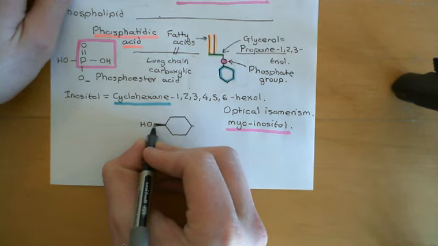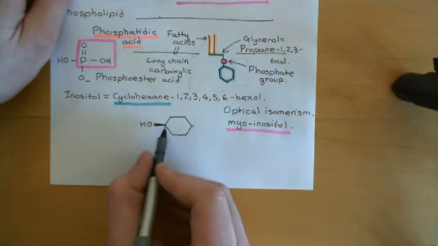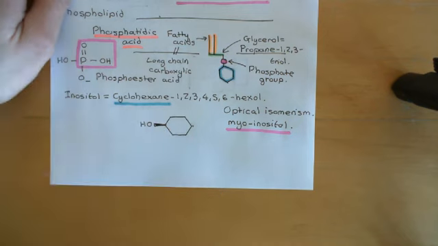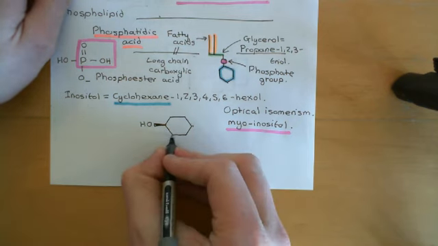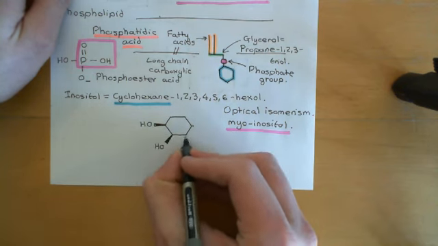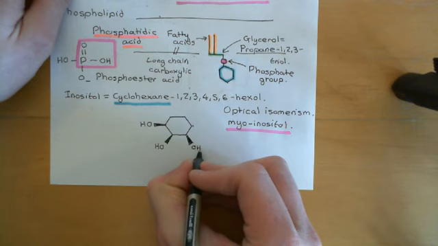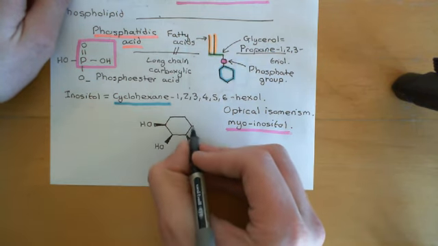And the way I show bonds coming out of the page towards us is that the bond gets thicker towards the end. So this is an alcohol group coming out of the page towards us. Then off this one here, again the alcohol group is going to be coming out of the page towards us. Off this one here, again it's going to be coming out of the page towards us. So it's all going simply so far, but now we're going to switch.